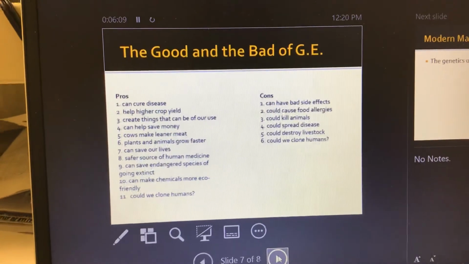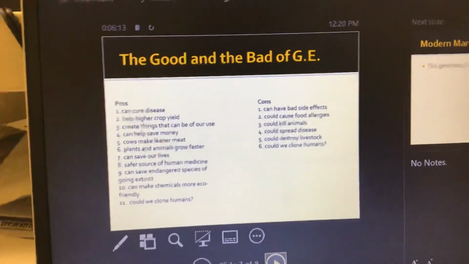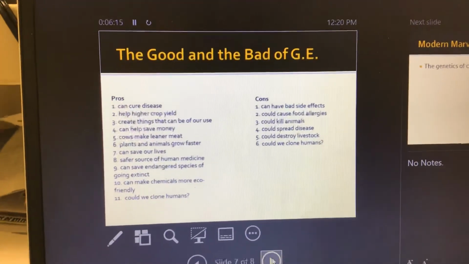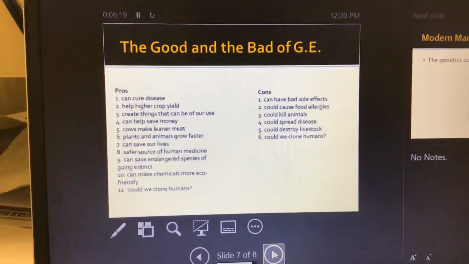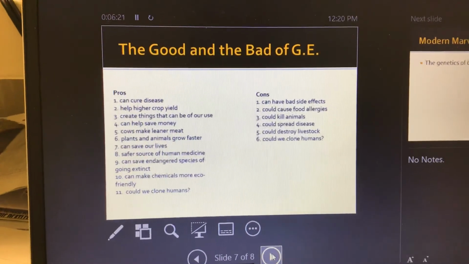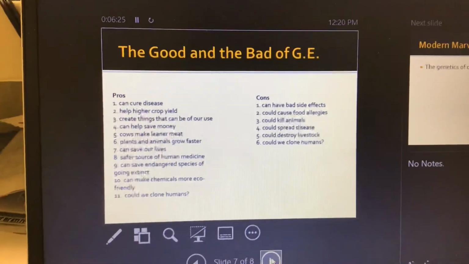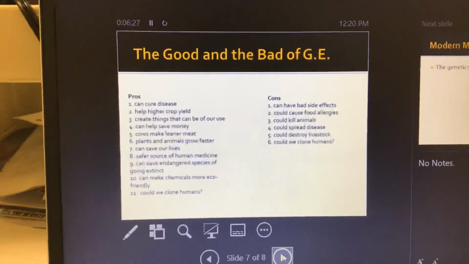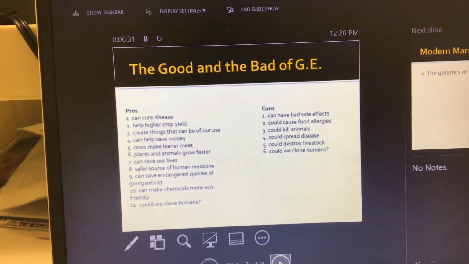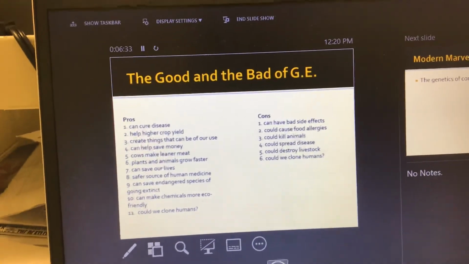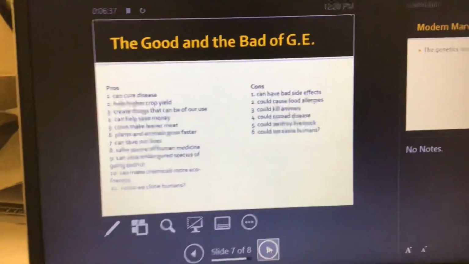But you've probably seen the commercials where it says contains no GMOs, no genetically modified organisms. Okay, well, we wouldn't be able to feed the world if we didn't have genetically modified organisms. So that's kind of a ploy to get you to spend more money on stuff. So there's nothing crazy to worry about when it comes to genetically modified things. So that is our notes for the day.